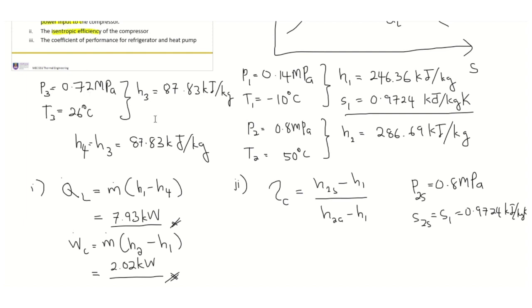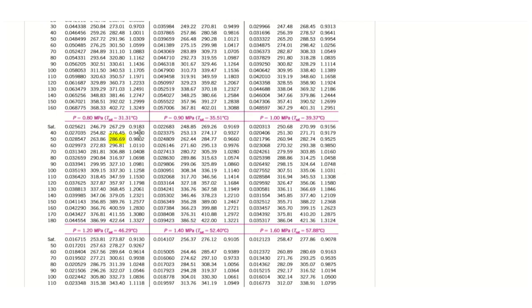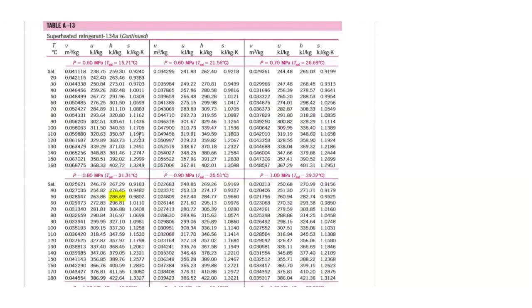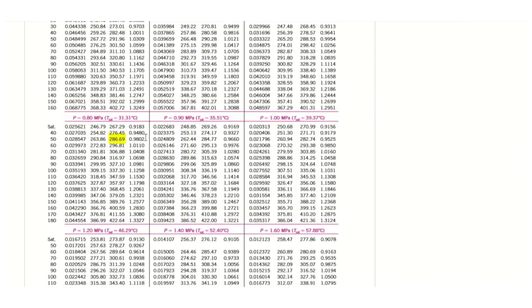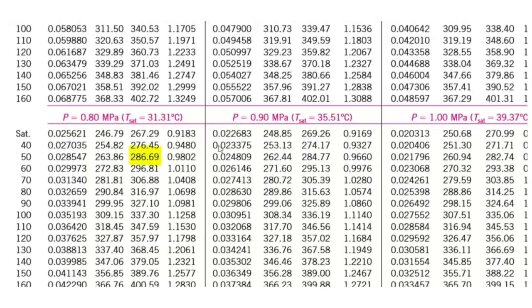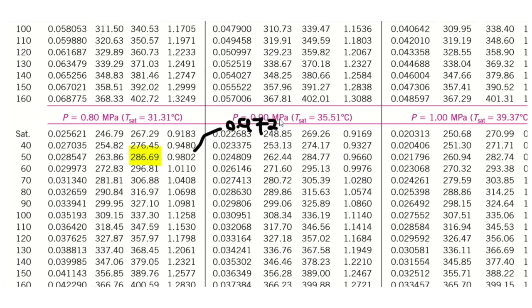So we go to the property table and use this entropy value. Superheated. The value 0.9724 lies in between these two entries.